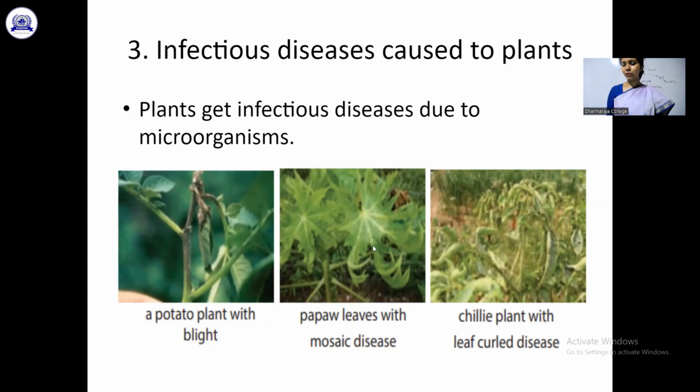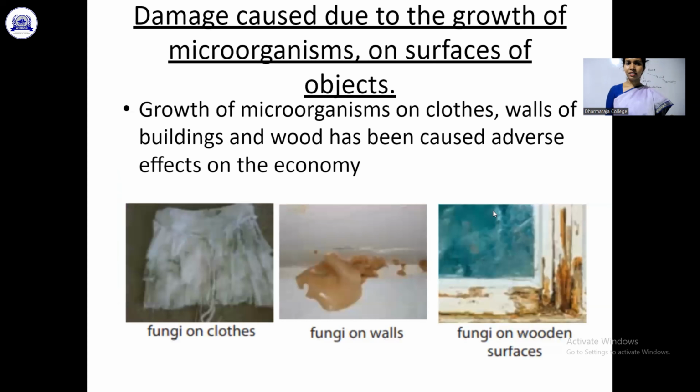And you see the pepo leaf has got mosaic disease. The chilies get curl leaf disease, the leaf starts to curl. This is an infectious disease.